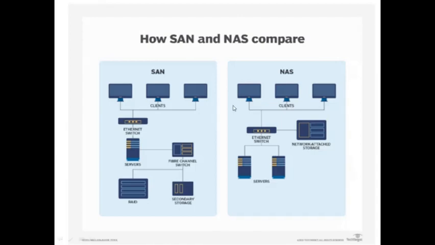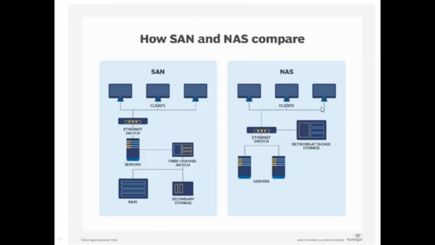If you look at this picture, looking at the SAN, the clients are attached to an Ethernet switch, and then the Ethernet switch is attached to the server, and the fiber channel comes into the picture, which relatively helps in a better performance, but the fiber channel is more expensive when it comes to NAS.